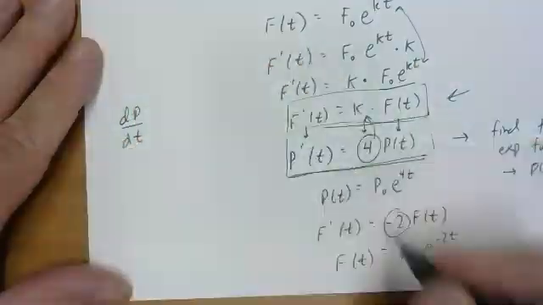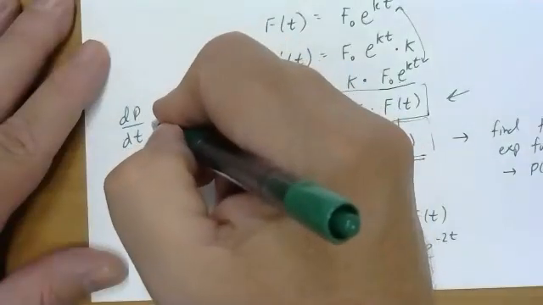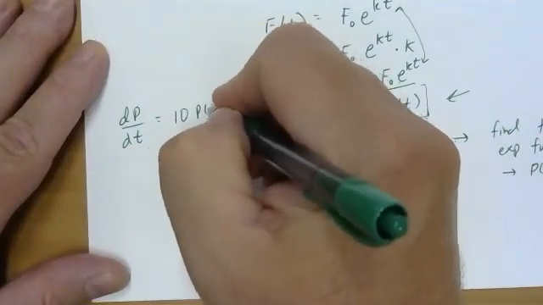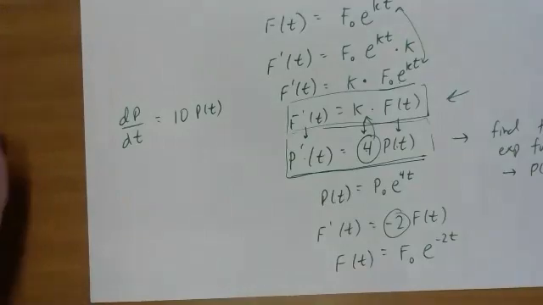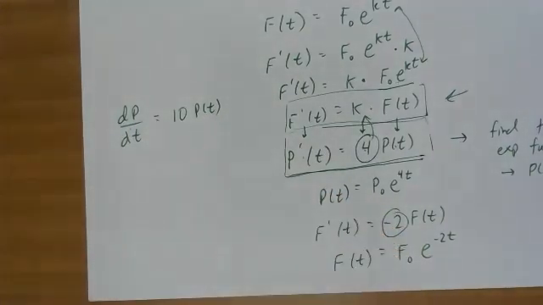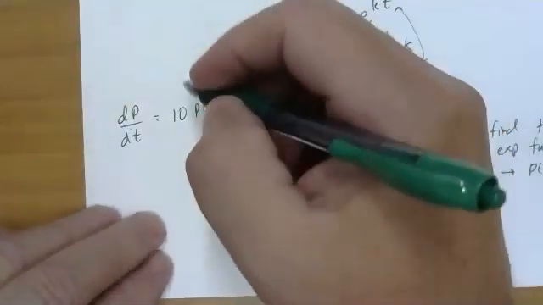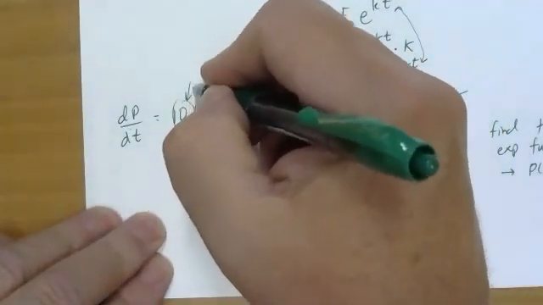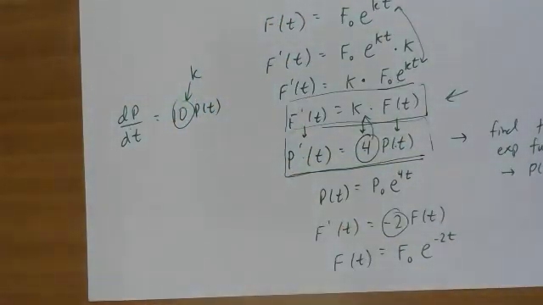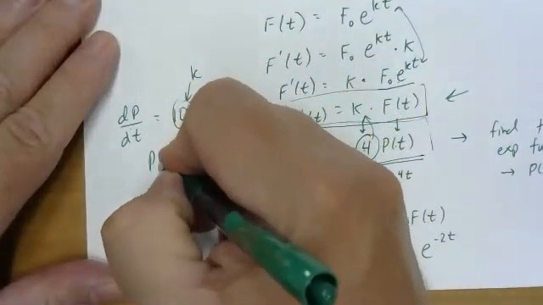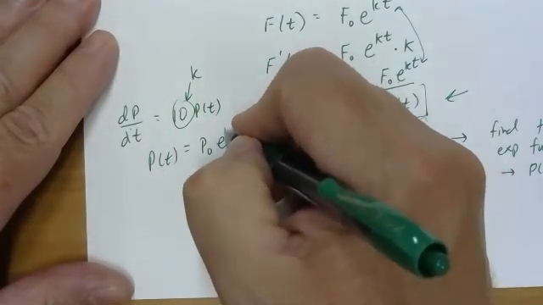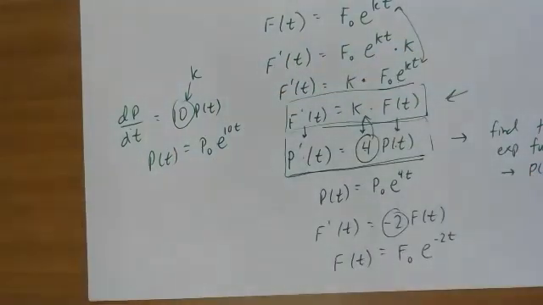You can also write a derivative like this, and they'll say, here is the derivative and the function, what's the original exponential function? Well, once again, that number in front of your function is k. So you simply say, in this case, it's 10t.